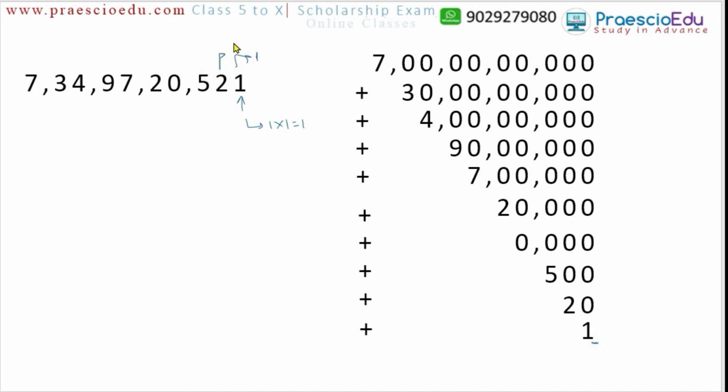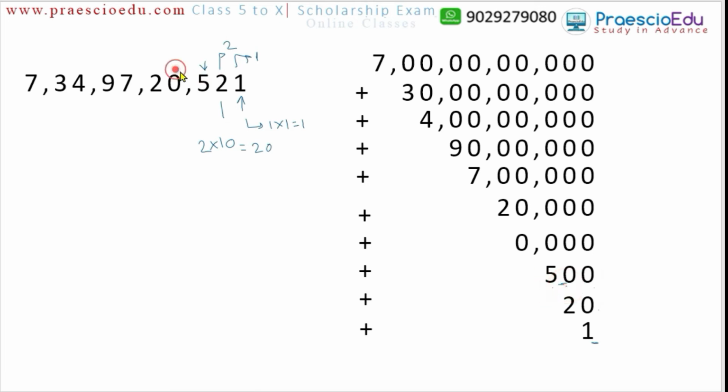Now the face value is 2 and the position is 10, multiplied by the face value 2, so the place value comes to 20. That's why we added the 20. Like this, here the 500 comes, so we make the 500 here.